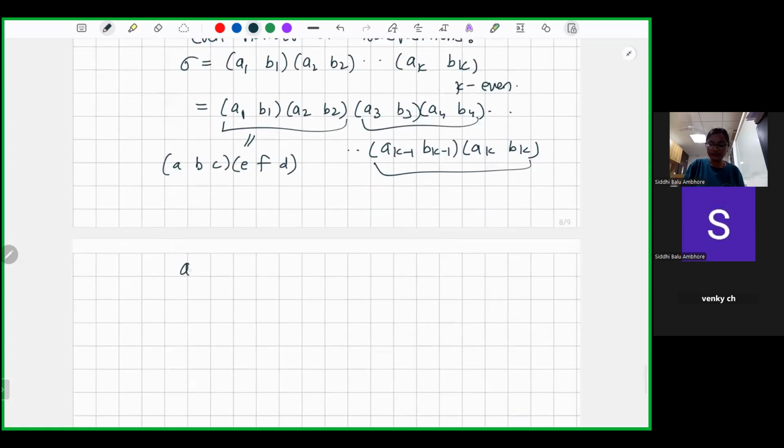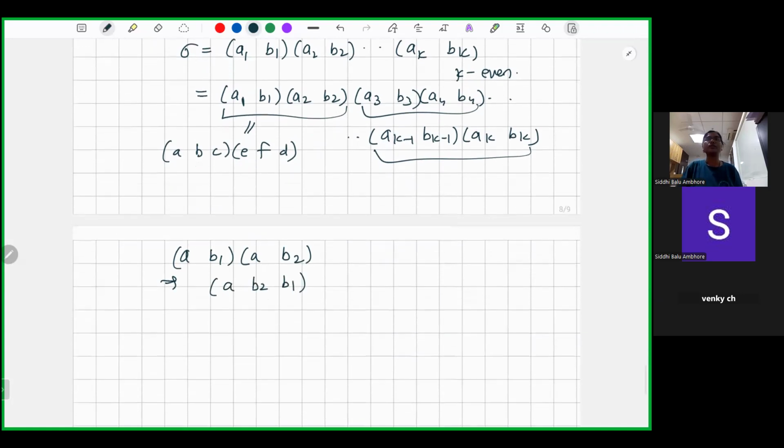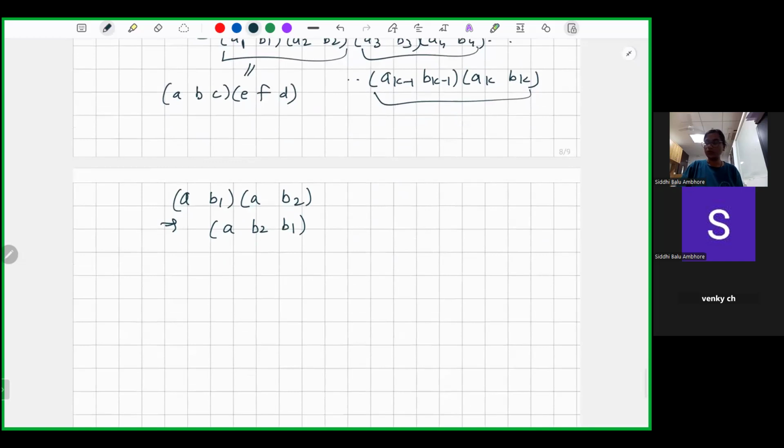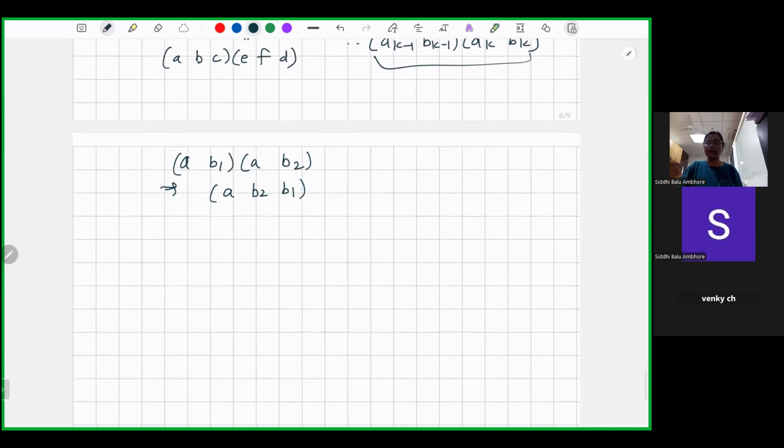So note that if this is of the form (a1 b2)(a1 b1), then this is just (a b2 b1), right? So we are just omitting the pairs where we already have such a form.